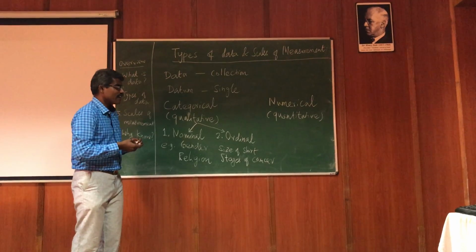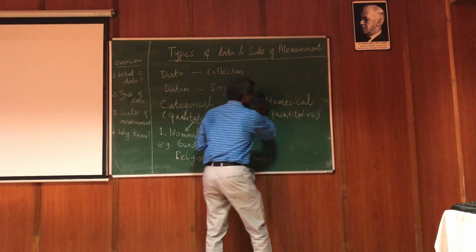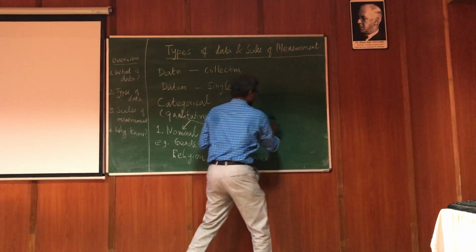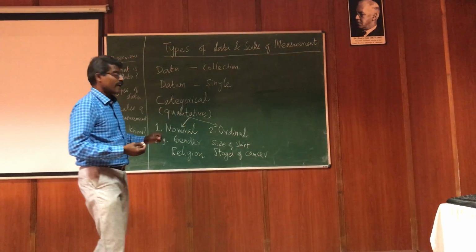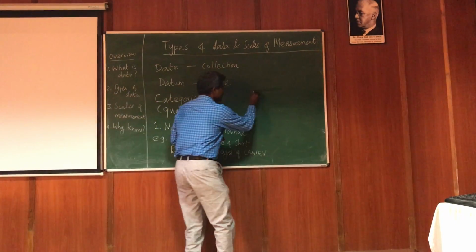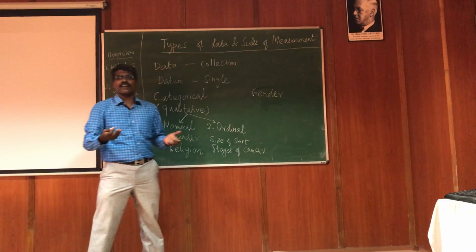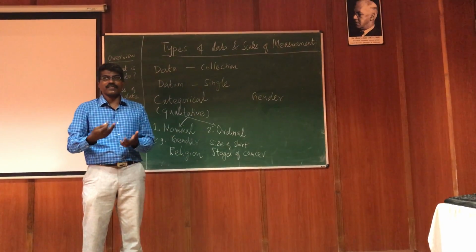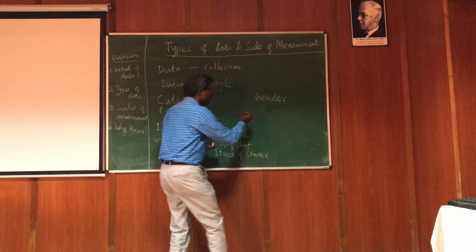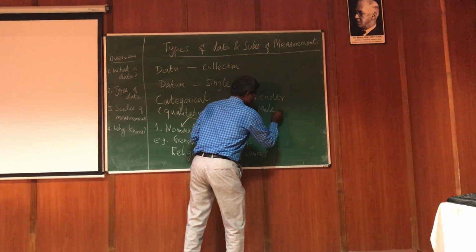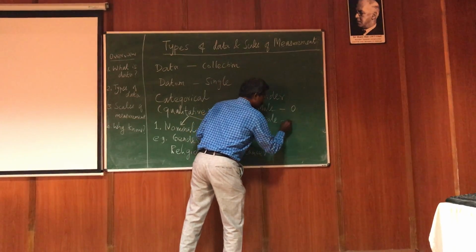Now I want to make a distinction here that sometimes we might be using numerical values to record these data. Say for example, the gender. When we record it in our Excel spreadsheet or master chart or any chart which we want to get our data into, many times we might code as, say for example, male 0 and female 1.